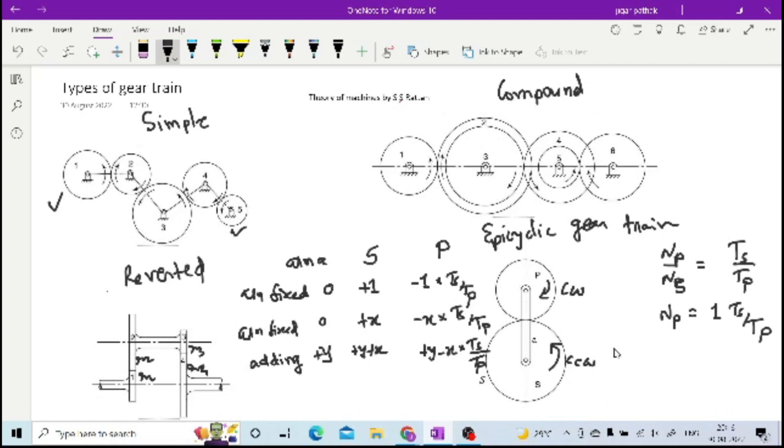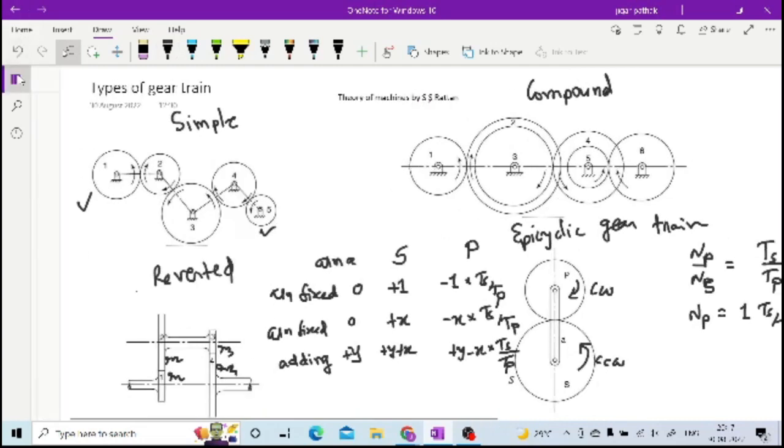If you consider that data, then you can calculate the speed of the different components of that epicyclic gear train, right? So this is how you have your different types of gear train.